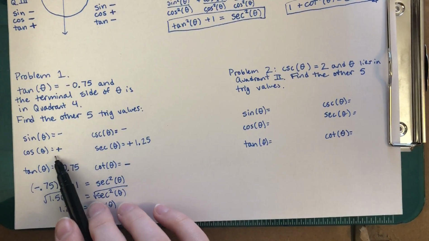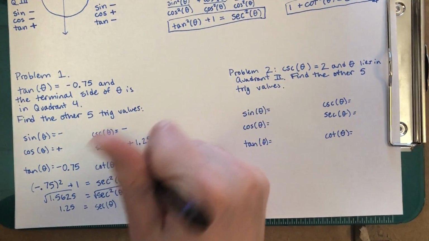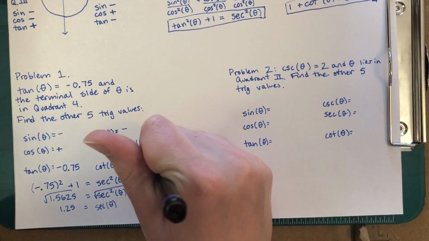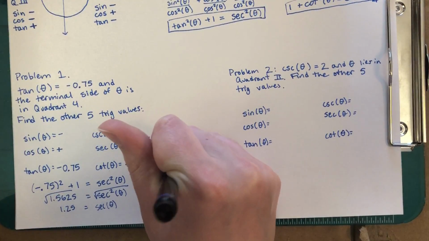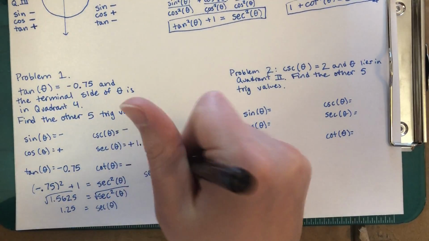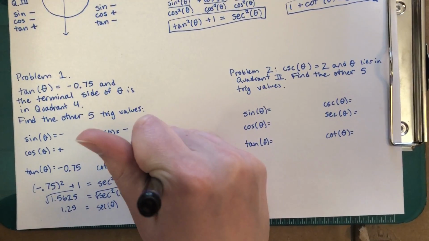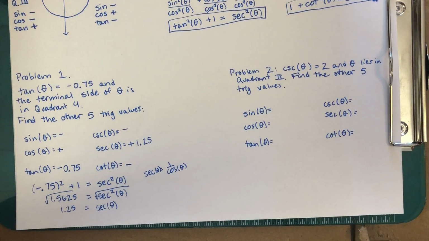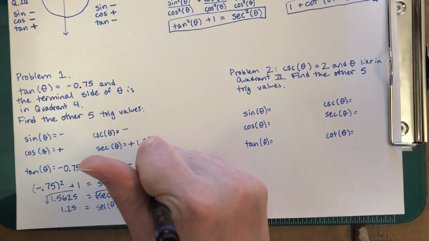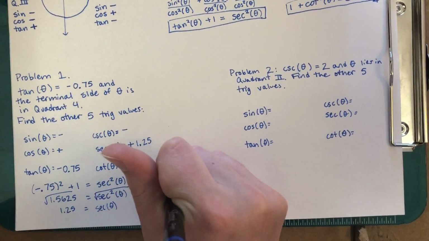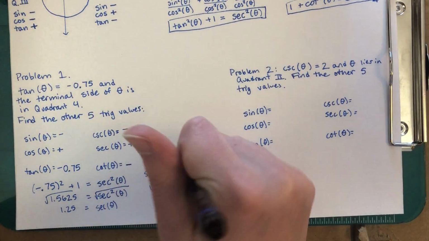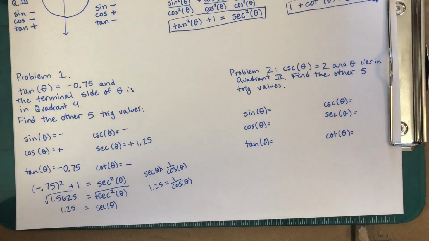I've got some easy stuff here now. So I know that secant is 1 over cosine. Technically, it's not really correct to write these without theta, but depending on what you're doing, it doesn't matter that much. So I know that this has to be true. So 1.25 is 1 over cosine. So then to solve for cosine, I can just basically flip the fractions on both sides, and I'm going to get 0.8.